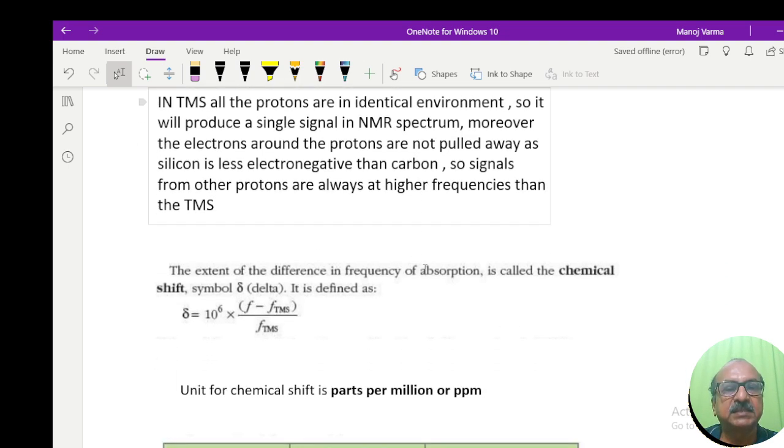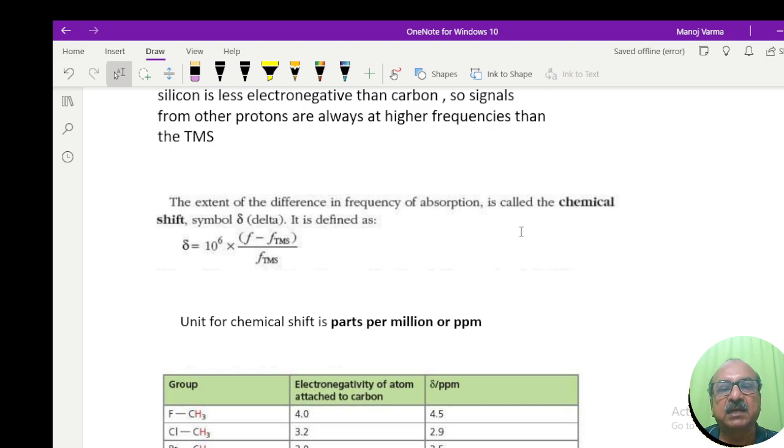So there is a term used as chemical shift when we study the NMR spectrum, and chemical shift is defined as the frequency absorbed by the given proton minus the frequency absorbed by TMS divided by the frequency absorbed by TMS, and this whole thing multiplied by 10 raised to 6 to give you a proper value. Otherwise the value may be too small.